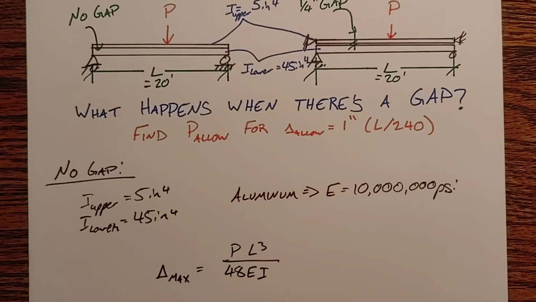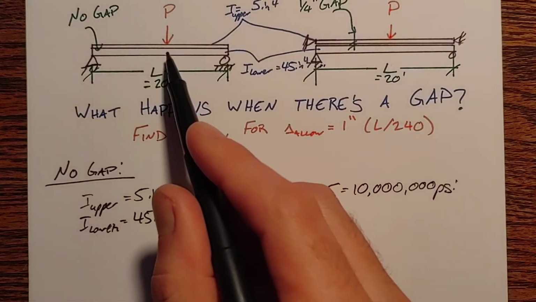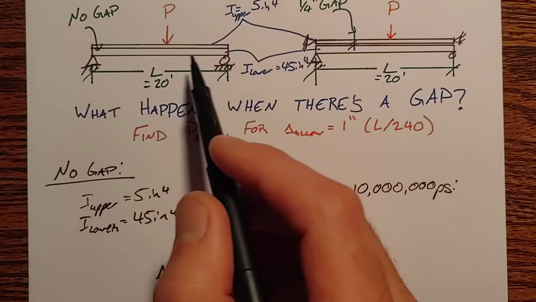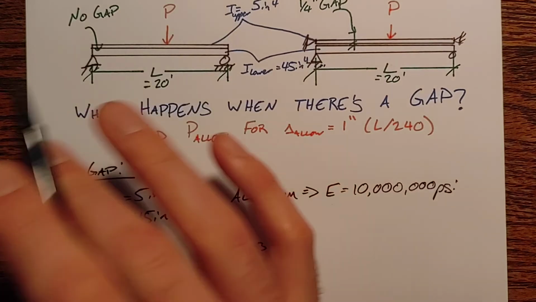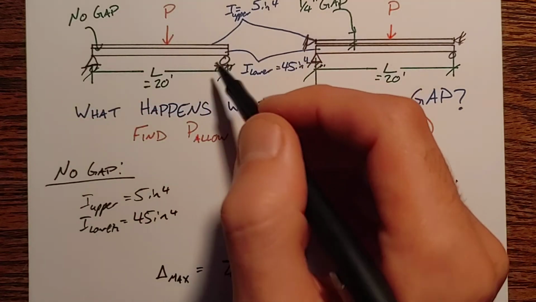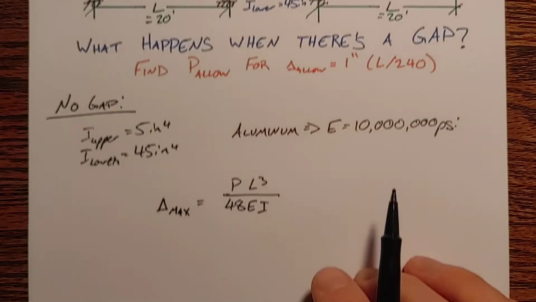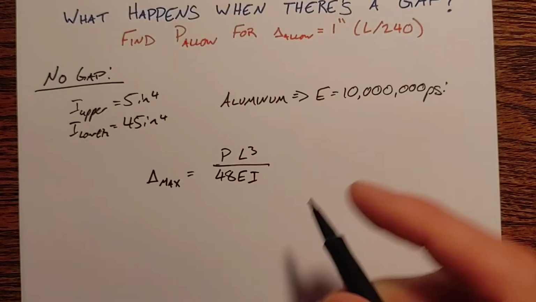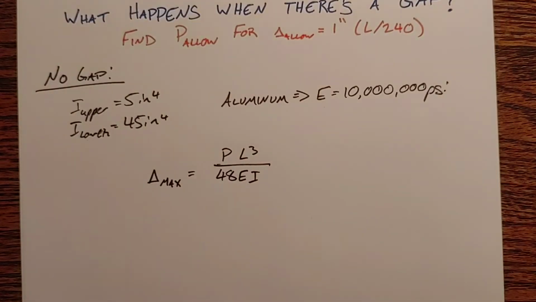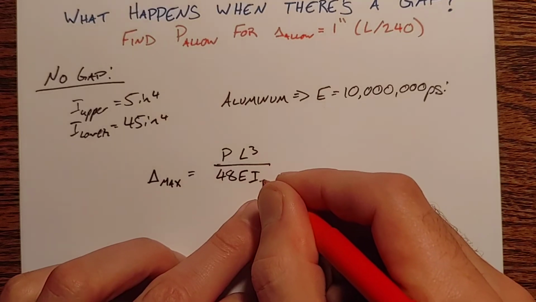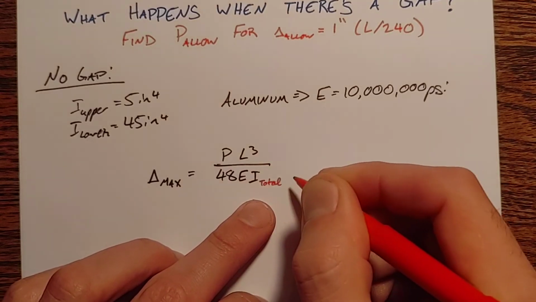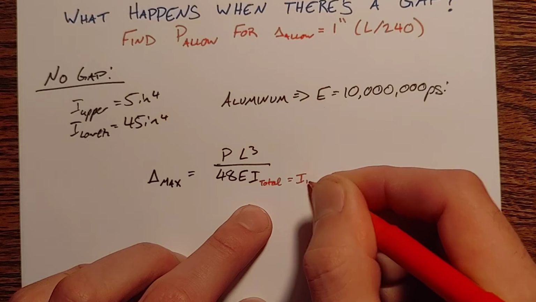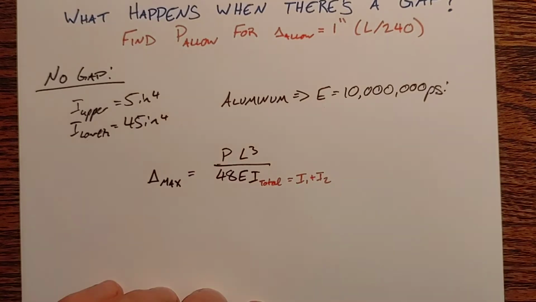For this no gap case, again, we're assuming that there is no friction going on, no composite action whatsoever, totally just I1 plus I2. The top beam is just free to sit there. All right, so that tells us we are actually interested here in I total equals I1 plus I2.